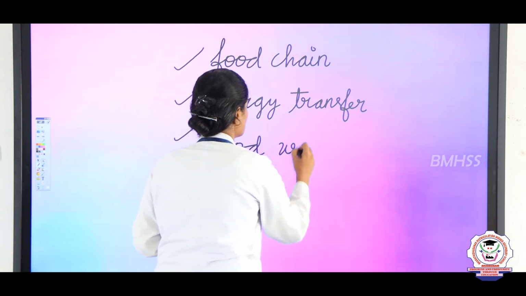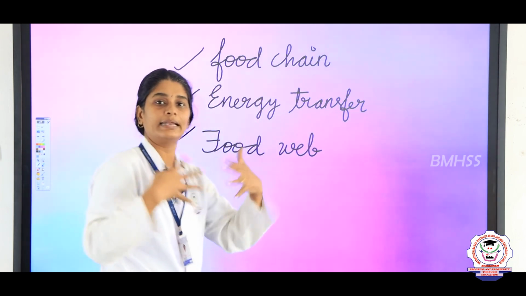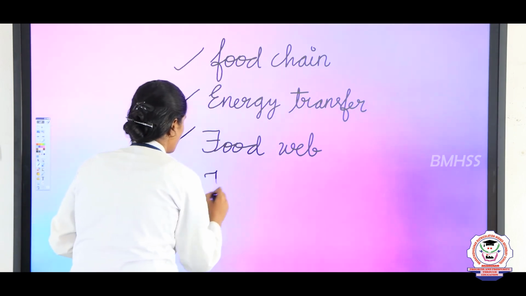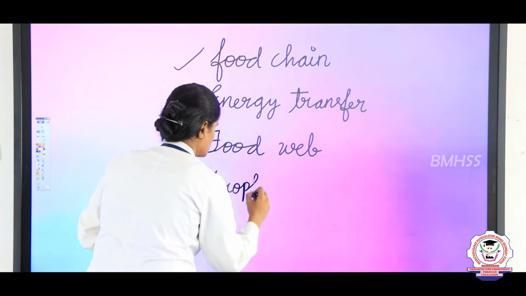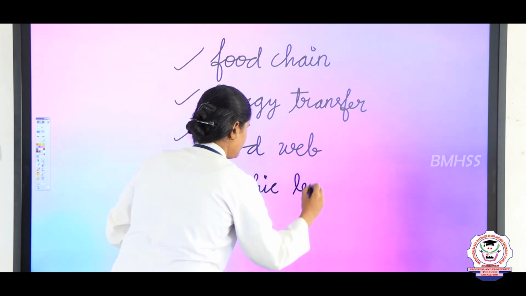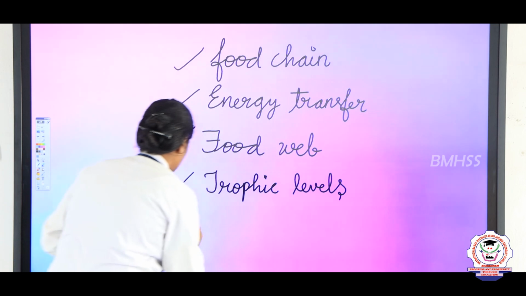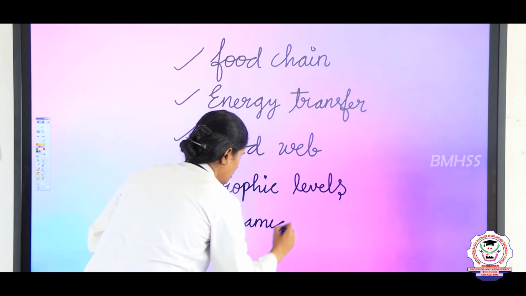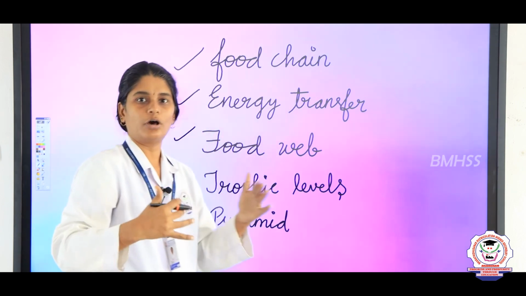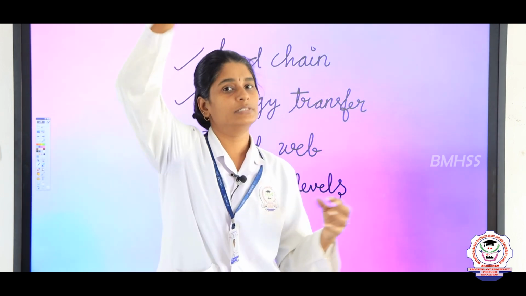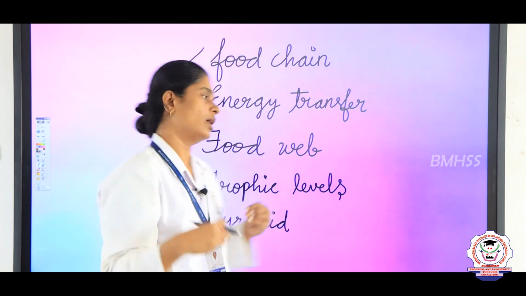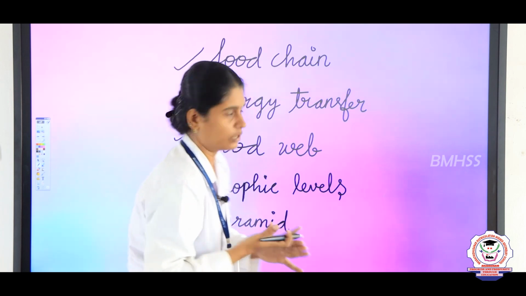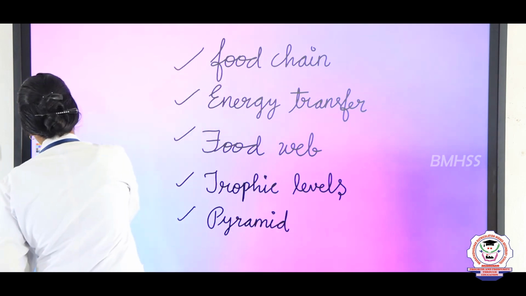A food web is an interconnected network of food chains. We also learnt about the trophic levels, and about the pyramid. Usually the top carnivores or apex predators stay at the top of the pyramid, and the bottom is occupied by the plants or producers. This is what you have learned in this class.